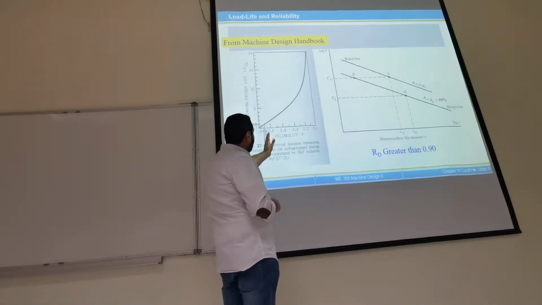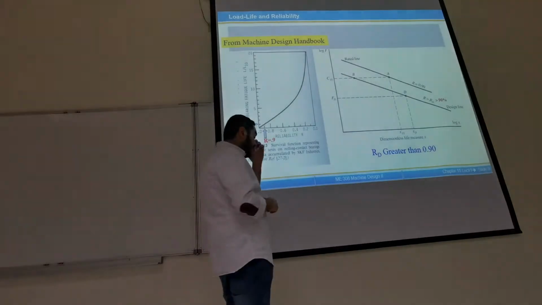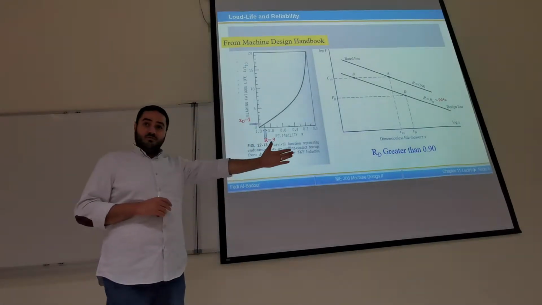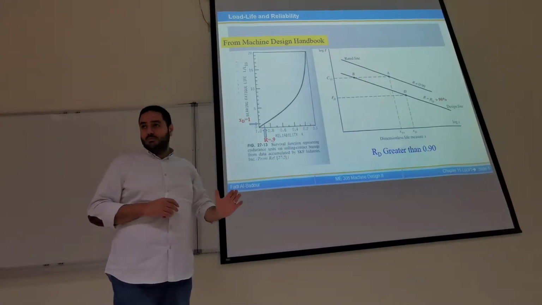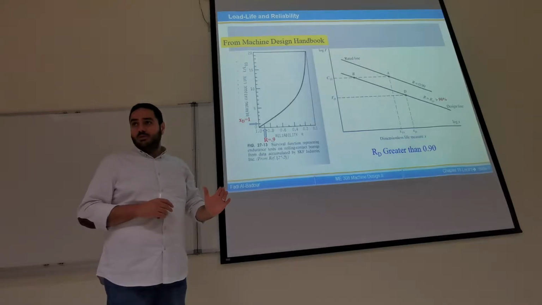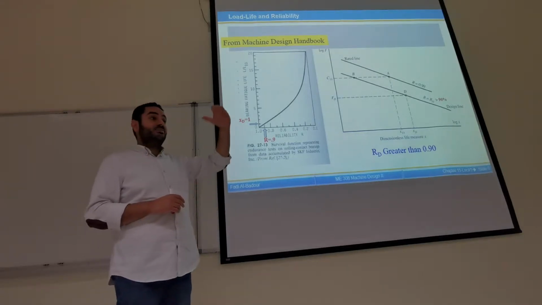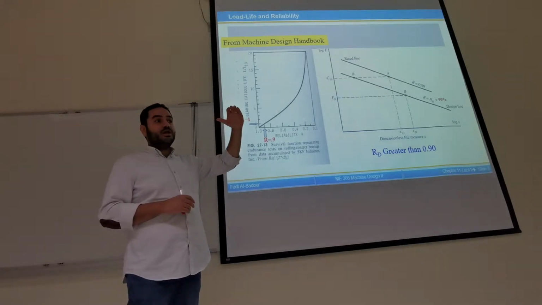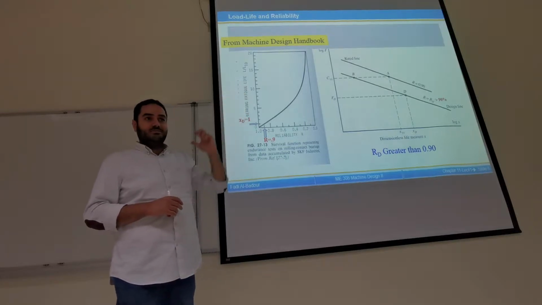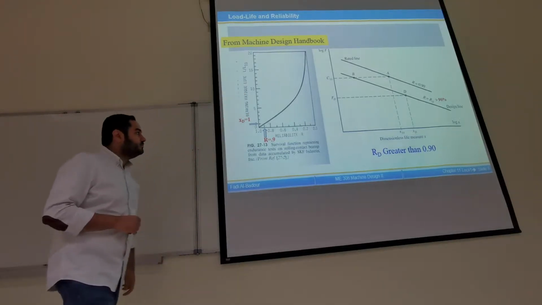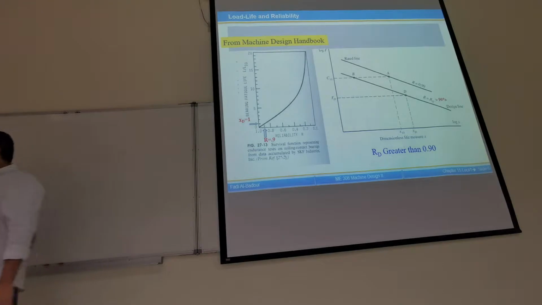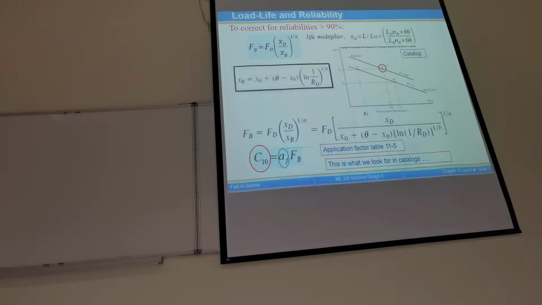Every time you are targeting higher reliability, your expectation for bearing life should be lower. So to achieve the same life, I need to use a bearing that has higher capacity. Whenever the desired reliability is greater than 90%, we calculate the correction factor XP.